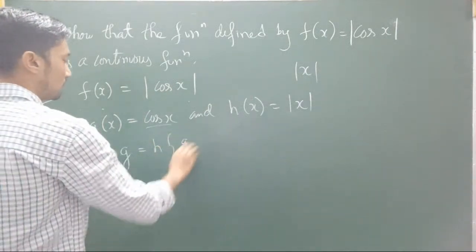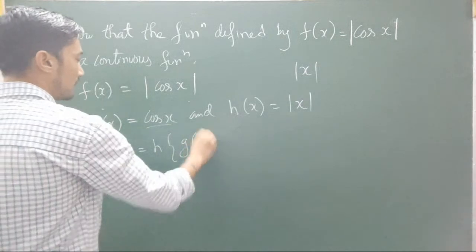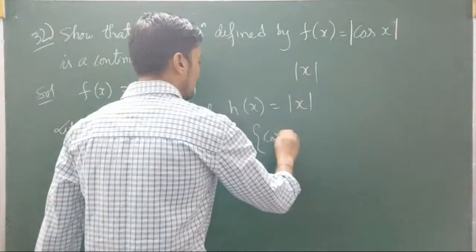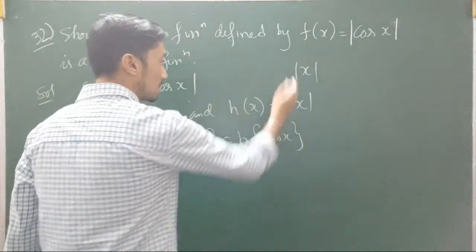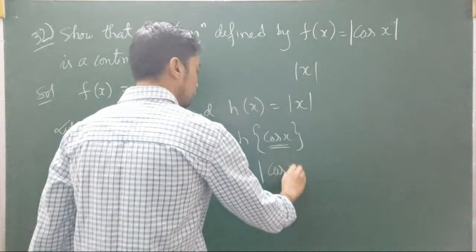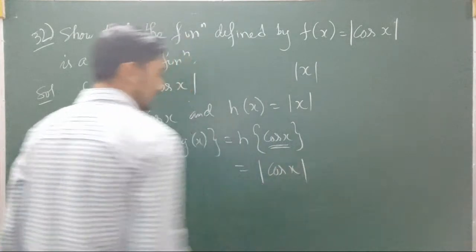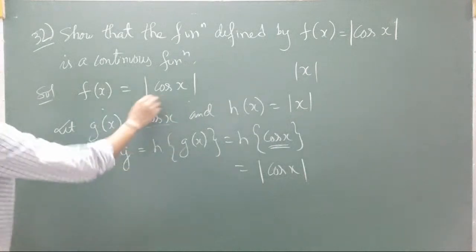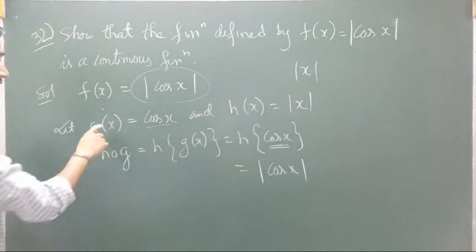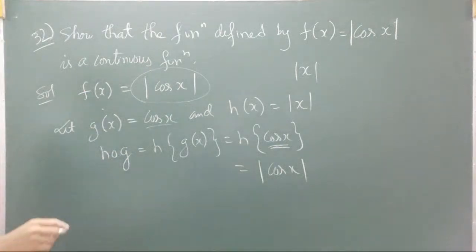That is h of the function g of x. So that is h of cos x, where g is cos x and h is mod of x. That gives mod of cos x. So that proves that mod of cos x is a composite function, composite of g and h.